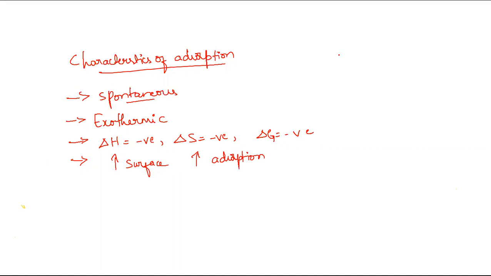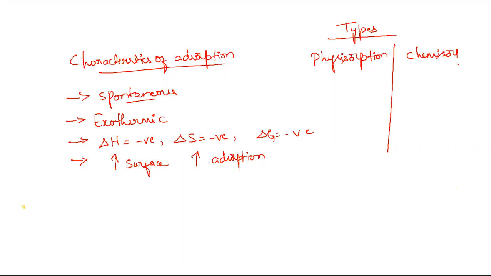And we have two types of adsorption. Coming to the types, we have two main types called physical adsorption, also called physisorption, and chemical adsorption, also called chemisorption. These are the two main types of adsorption.